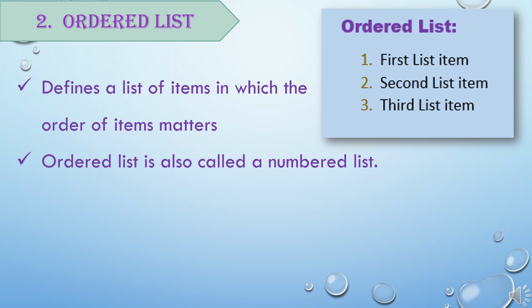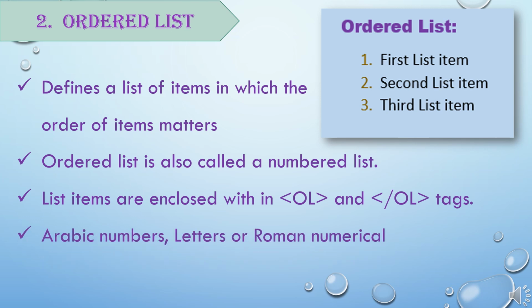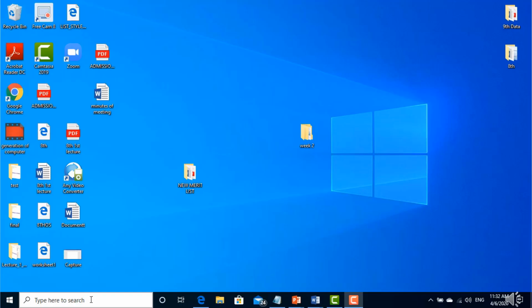Any step-by-step process is best presented as an ordered list. The list items are enclosed within opening OL and closing OL tags. Ordering of the list items is given by a numbering scheme, using Arabic numbers, letters, or Roman numerals.